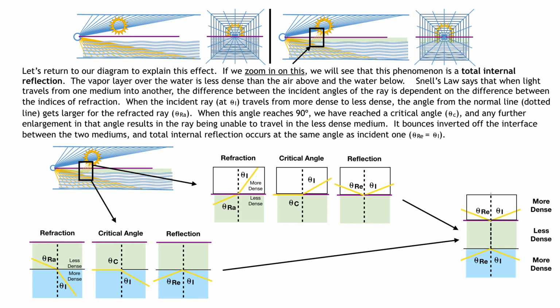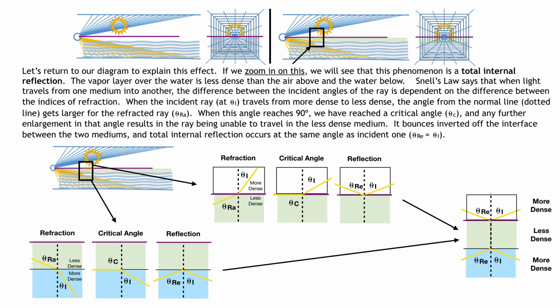And there's going to be a point where the angle between the normal line and the refracted ray is going to be 90 degrees. So that's called the critical angle. So between the dotted line and the yellow line, that's horizontal in the middle diagram there, on the lower left, is the critical angle. So when that's reached, you don't receive any light.